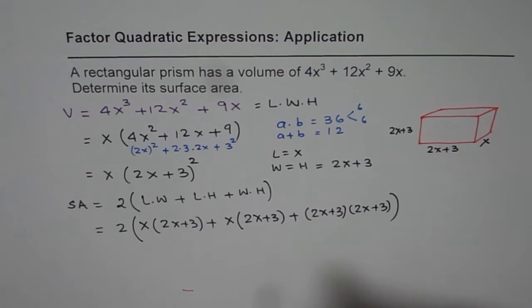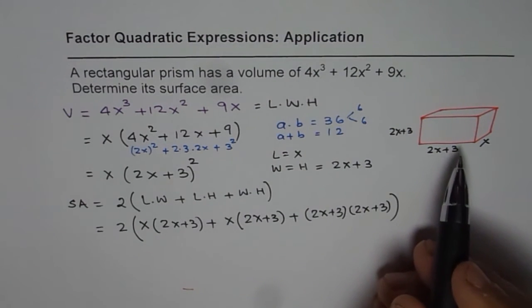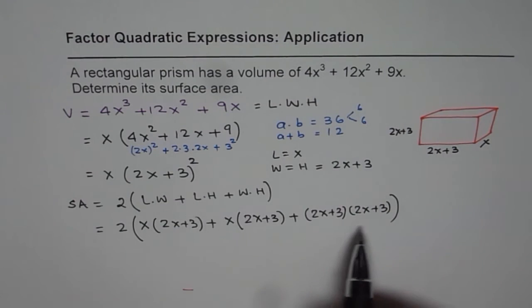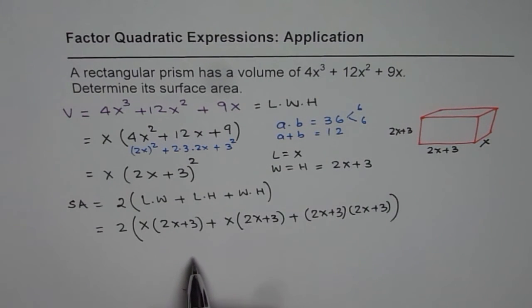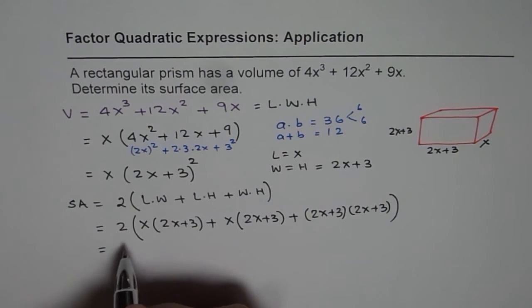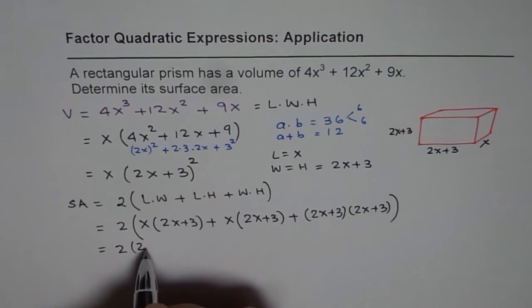Now there are two of each kind of surface, so that makes up the surface area for the given rectangular prism, right? Now you can multiply all of them and then simplify it, or we can take the help of factoring. So what we'll do here is factor 2x plus 3 from each expression.